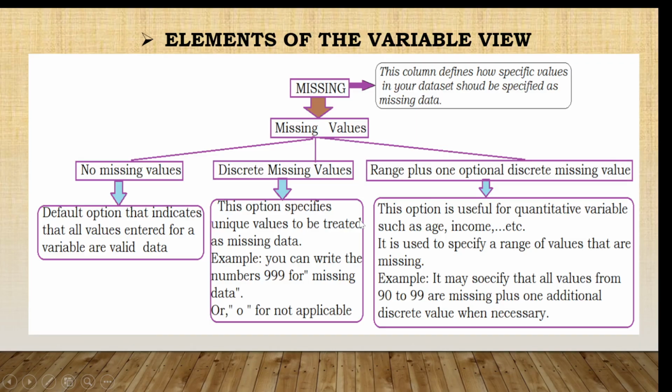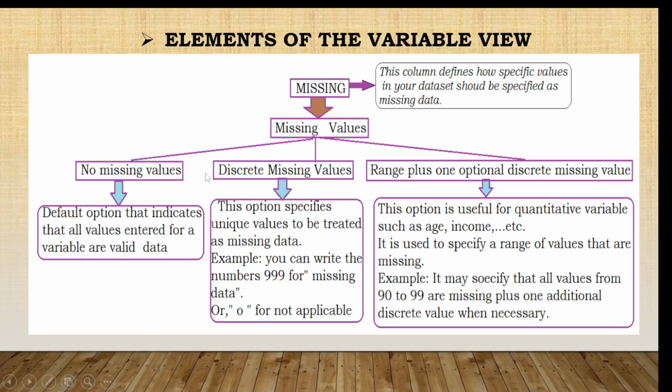The missing column defines how specific values in your data set should be treated as missing data. The first option, which is no missing values, is the default option that indicates that all values entered for a variable are valid data. So it means that your data set does not have any missing value.